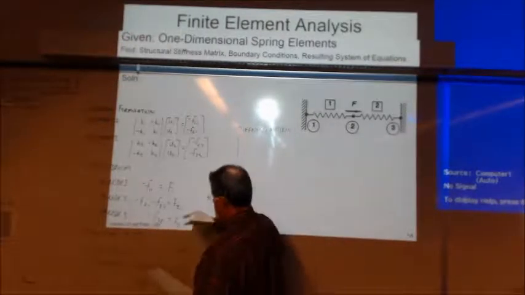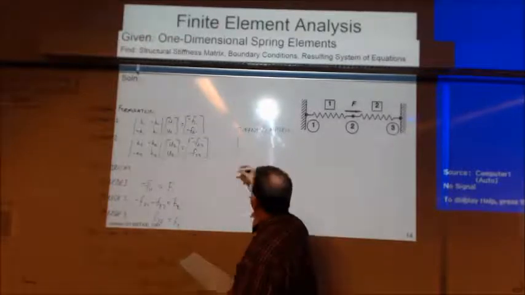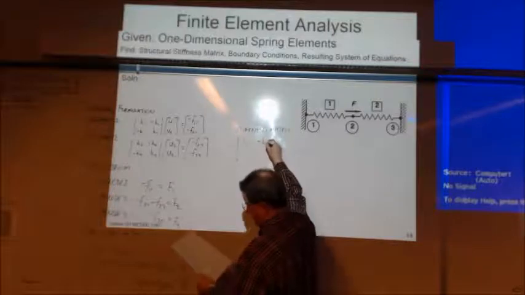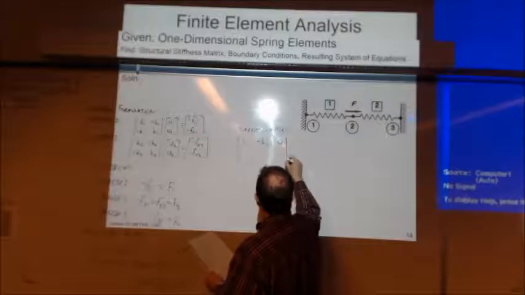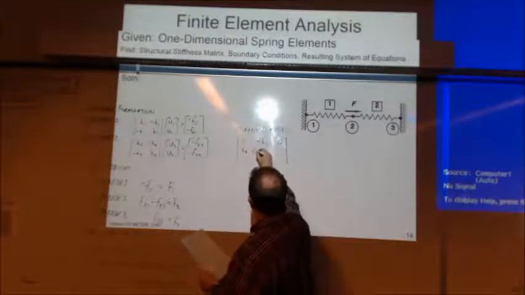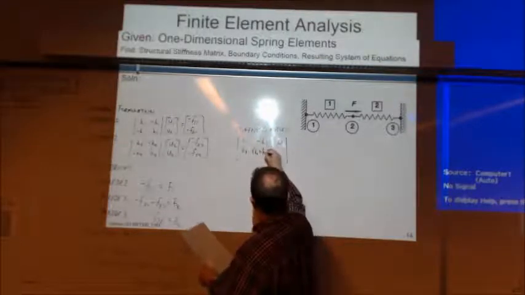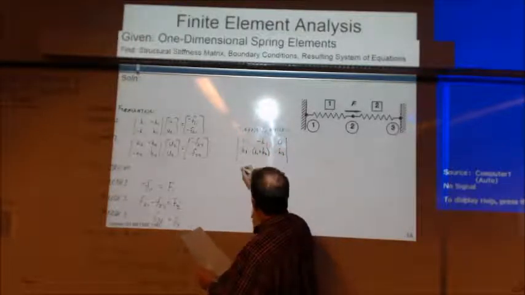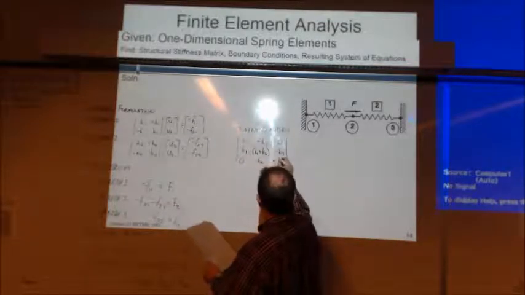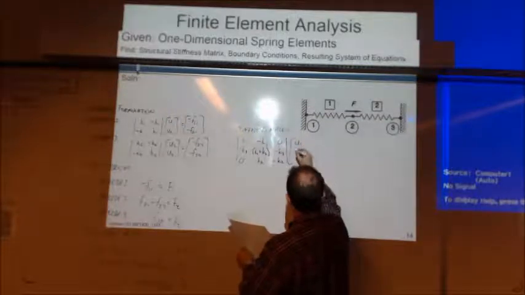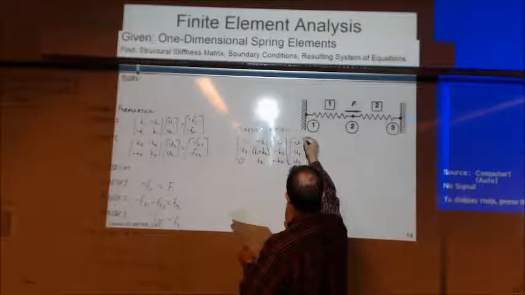Okay. So now here, right, we have K1, minus K1, 0, minus K1, K2, minus K2, 0, plus K2. U1, U2, U3.